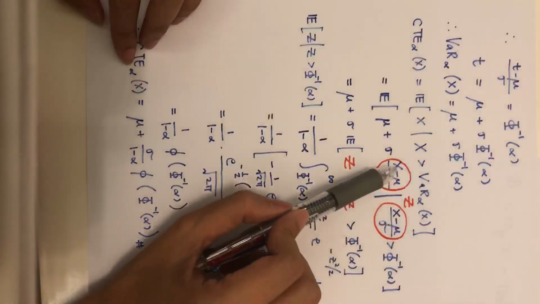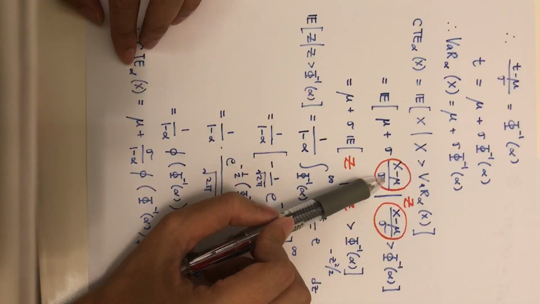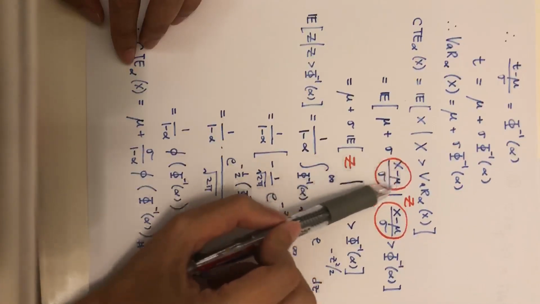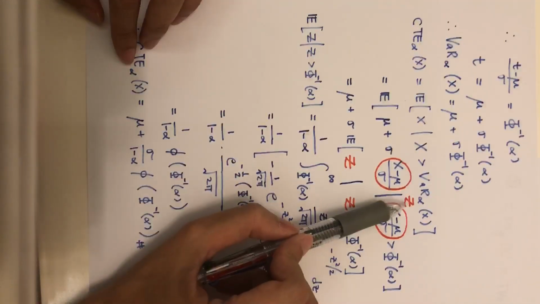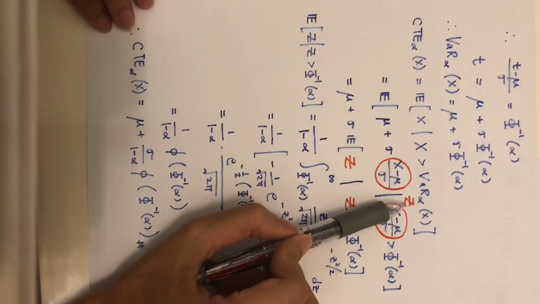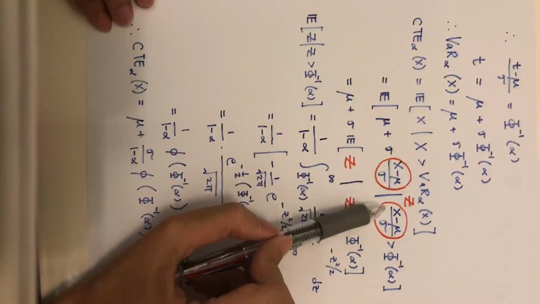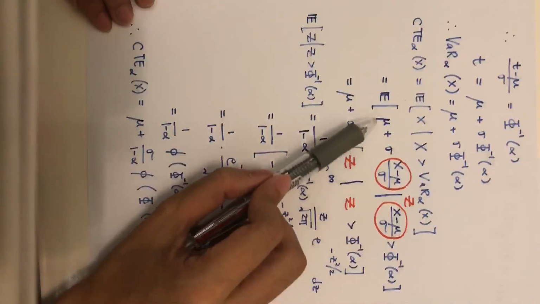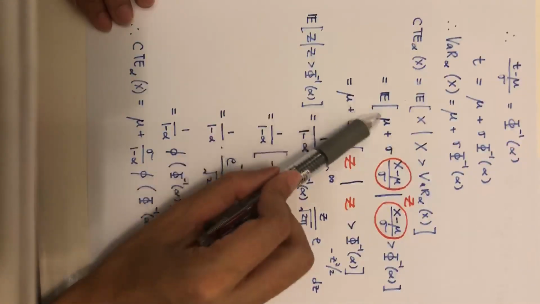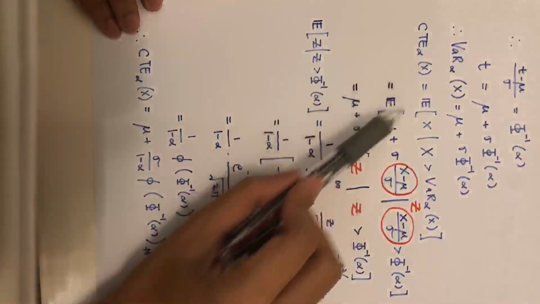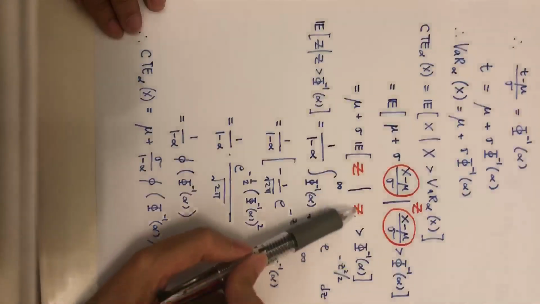We notice that (x minus mu) over sigma is just a standard normal random variable, so I replace it by capital Z. I put mu and sigma outside the expectation. So CTE is given by this.